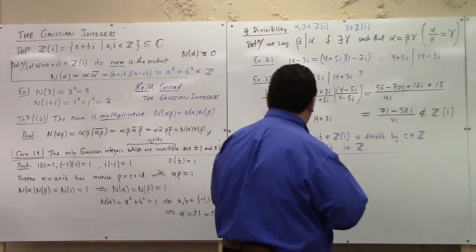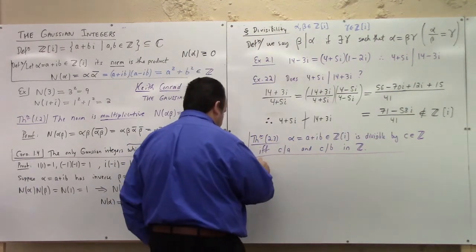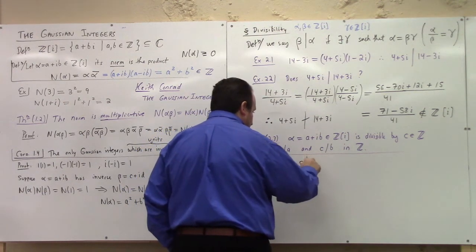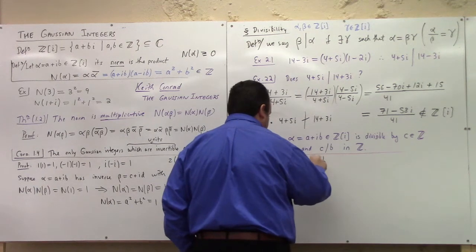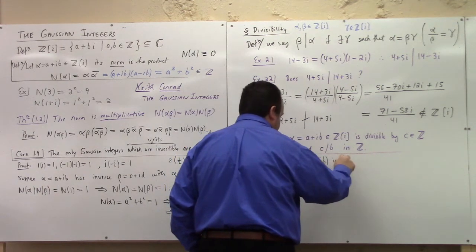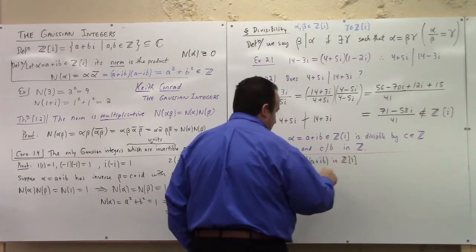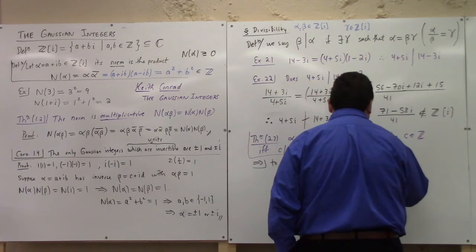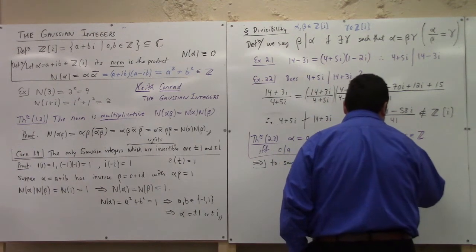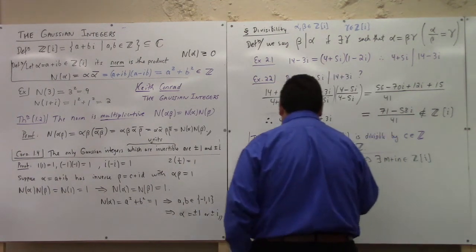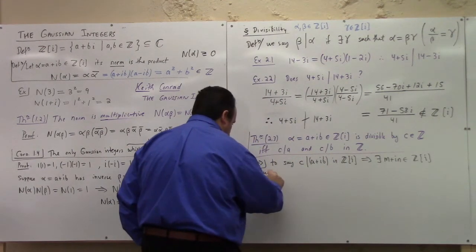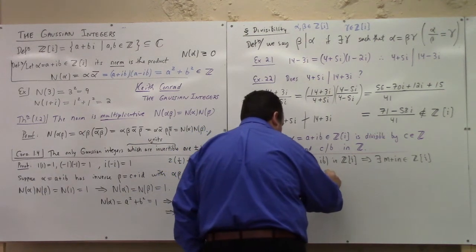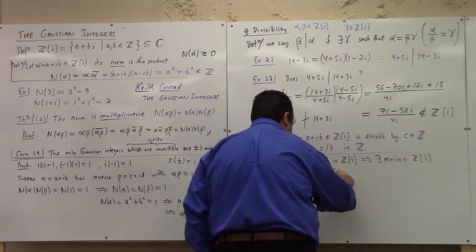Let's see here. So let's start with the forward implication, right? To say c divides a plus ib in Zi, the Gaussian integers, implies what? That there exists m plus in in Zi such that a plus ib is equal to c times m plus in, right?